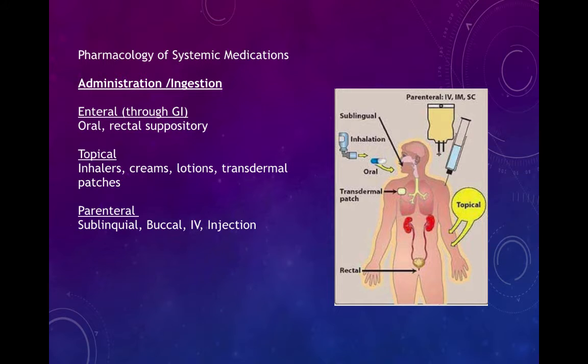Through that process, the amount of drug originally given is reduced. Versus if you give a medication IV, the dose would most of the time be a lot less than the dose if you were giving it PO, or by mouth.